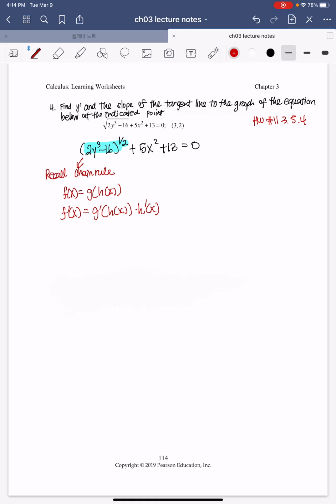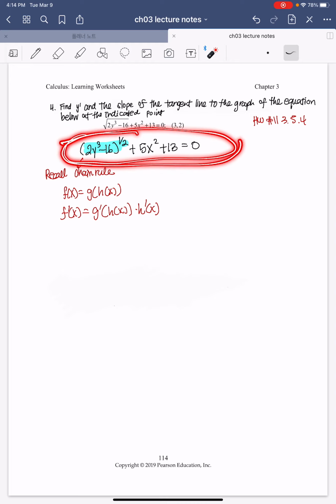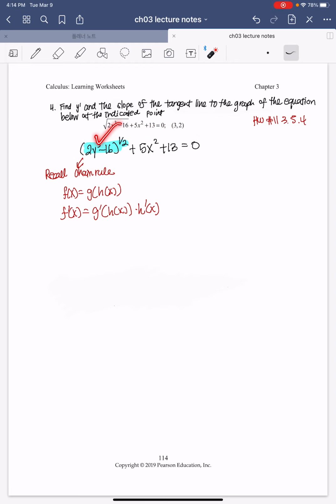All right, so let's do some implicit differentiation. I'm going to take the derivative of the entire equation: this term, this term, this term, this term. The first one, if you want to, you can use it on the side.